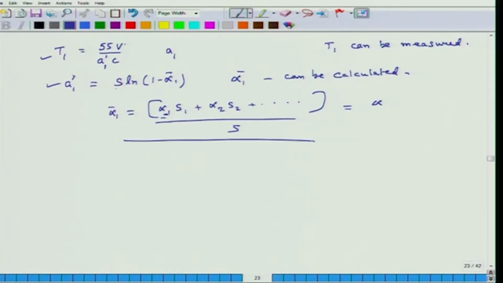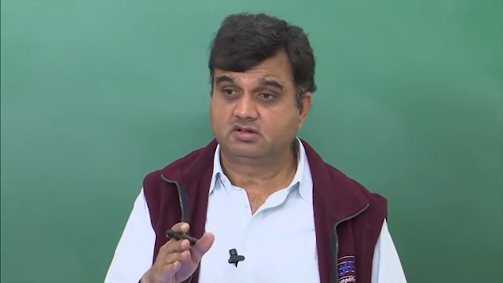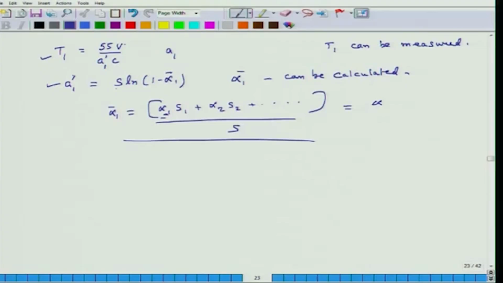Now the next thing I do is take a big piece of material whose alpha is not known, and I put that in the reverb chamber. Then with that material I find T2.